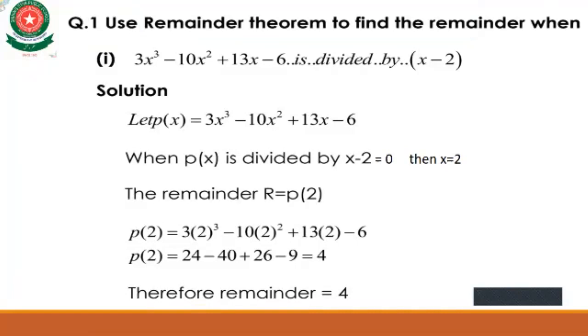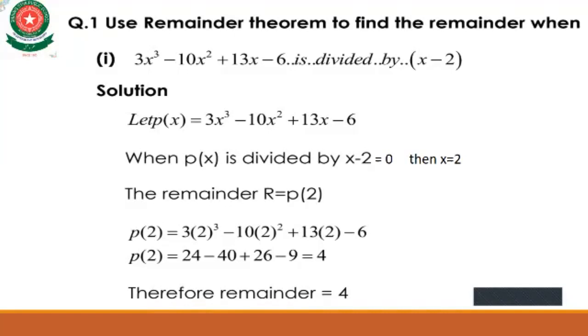Our polynomial expression was p of x, so we use 2 instead of x. P of 2 is equal to 3 into 2 cube, as there is 3x cube, then minus 10 into 2 square, plus 13 into 2, minus 6.